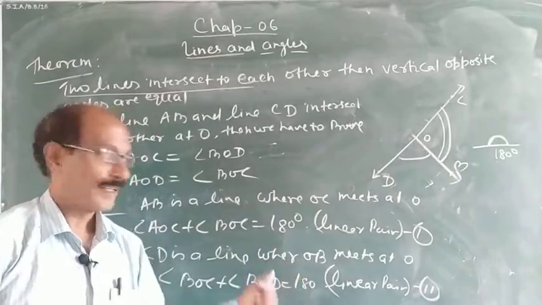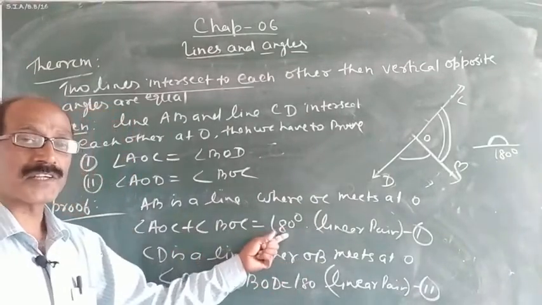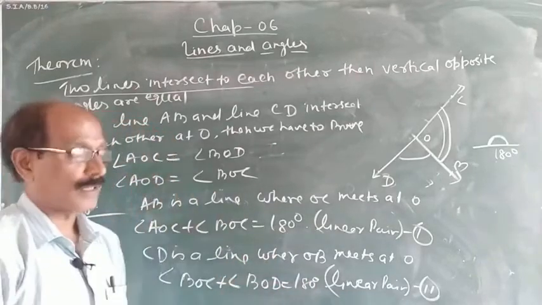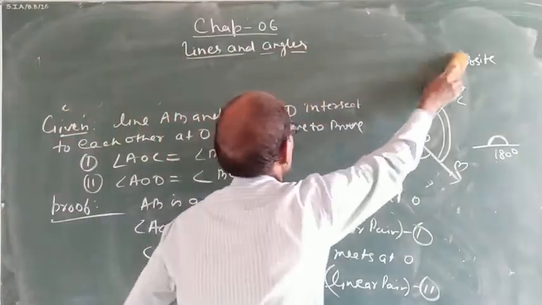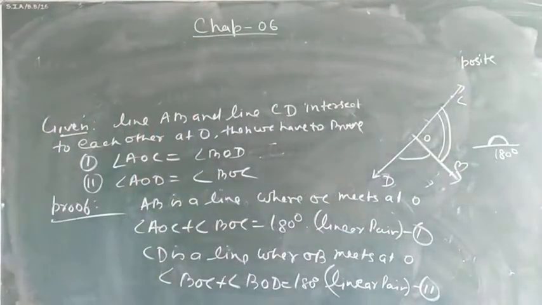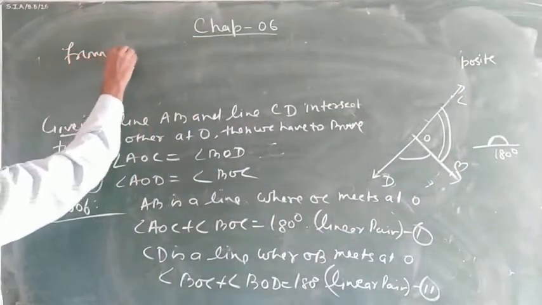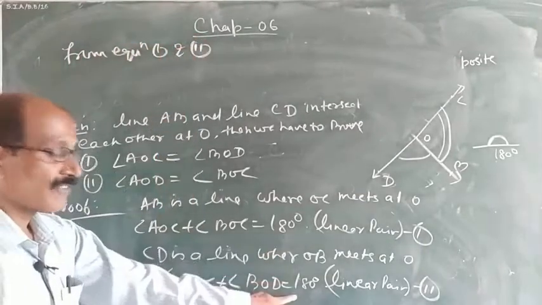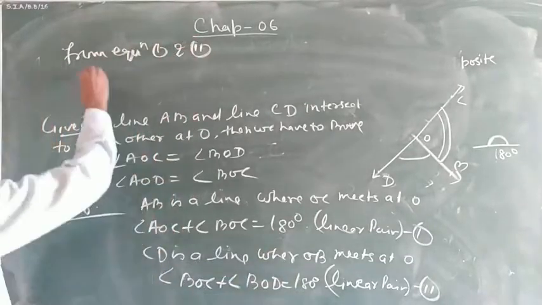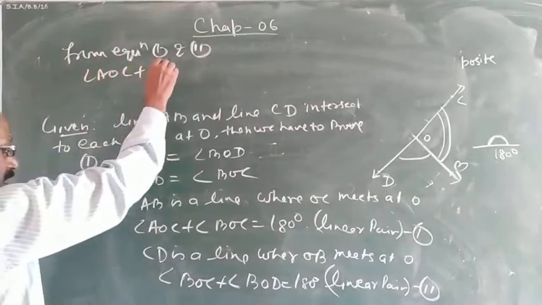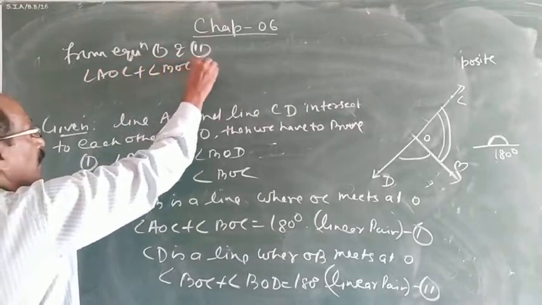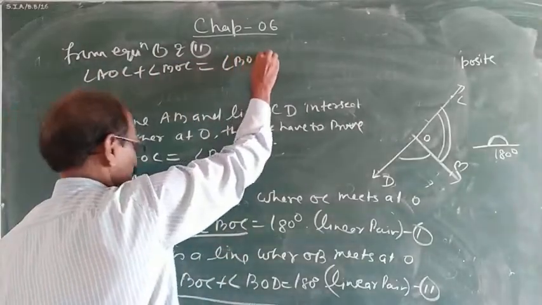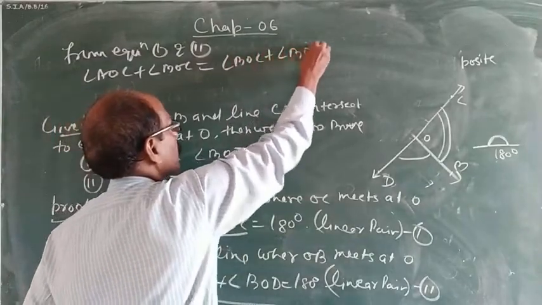Both are equal because the value of this is 180 and the value of this is 180 degrees. So from equation first and second, angle AOC plus angle BOC is equal to angle BOC plus angle BOD.